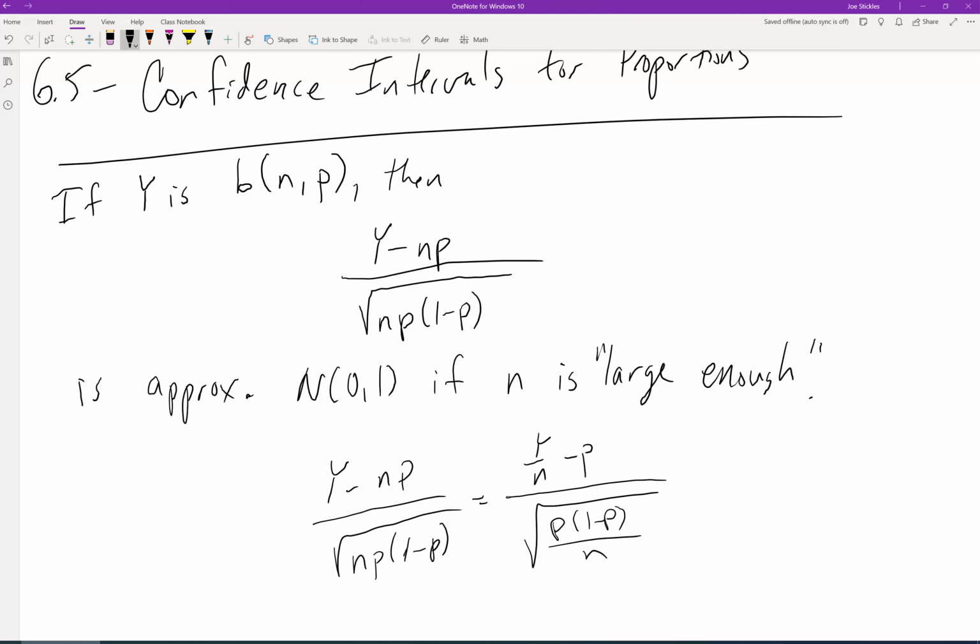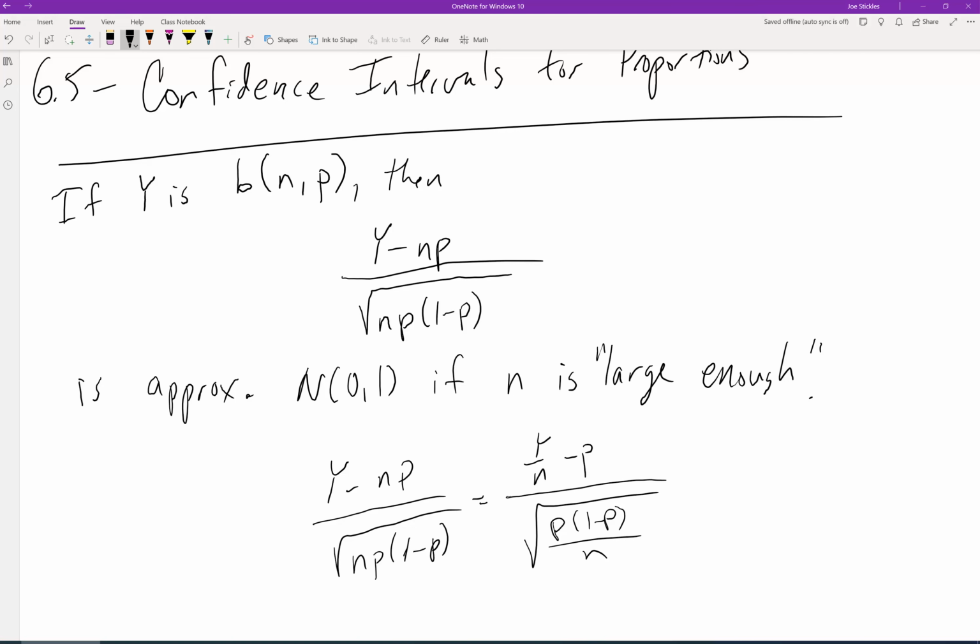So this is still normal 0, 1. This thing that's on the right-hand side of the equation, that's still normal 0, 1. Right? So now we can do a confidence interval just like we did confidence intervals for normal random variables, right? This thing is still normal 0, 1. This is the piece that I'm trying to get a handle on.